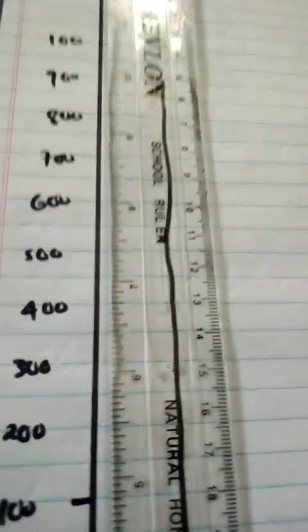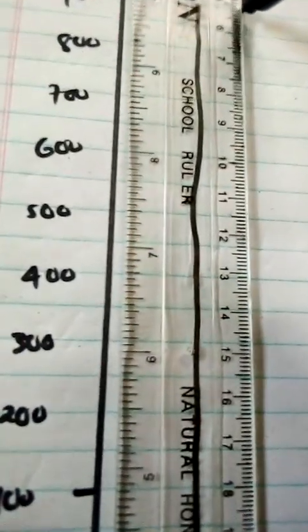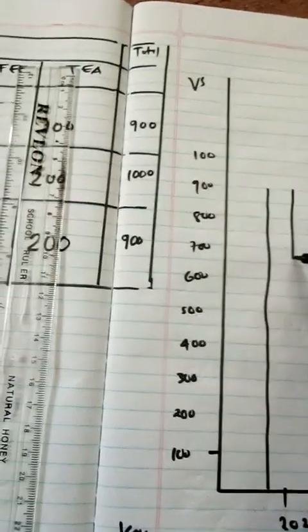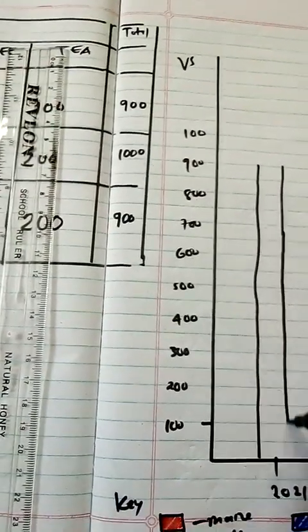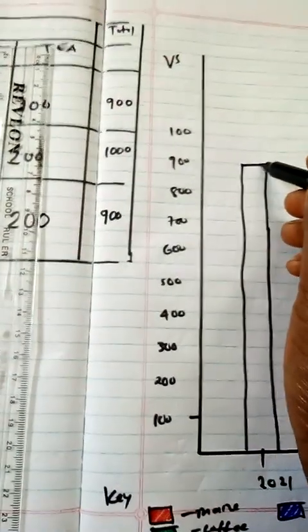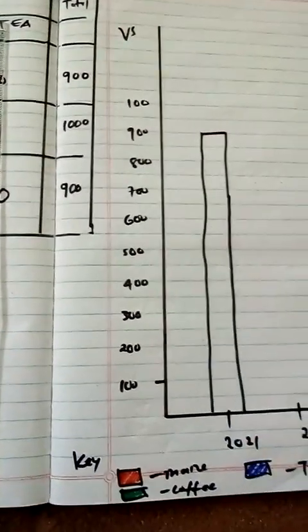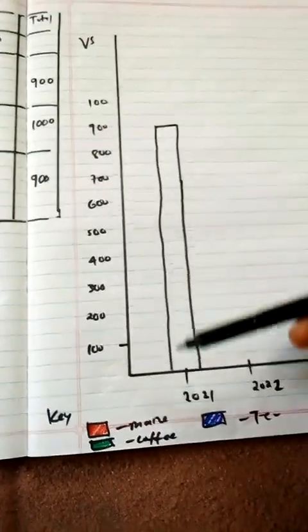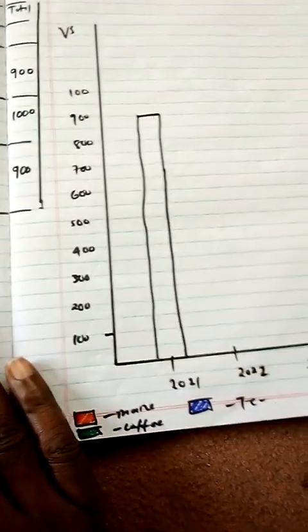We draw this one, a full total. I'm using this one to draw a bar graph. Let me use a hand, but you can use a ruler. I'm holding a phone. So we'll draw a total of 900 here for 2021.